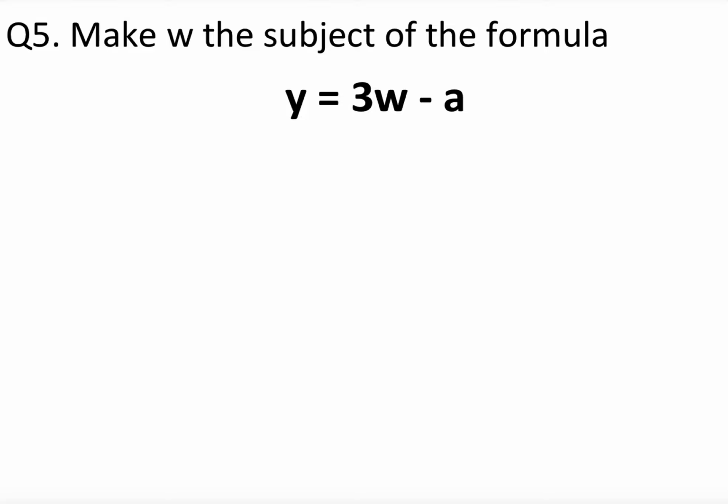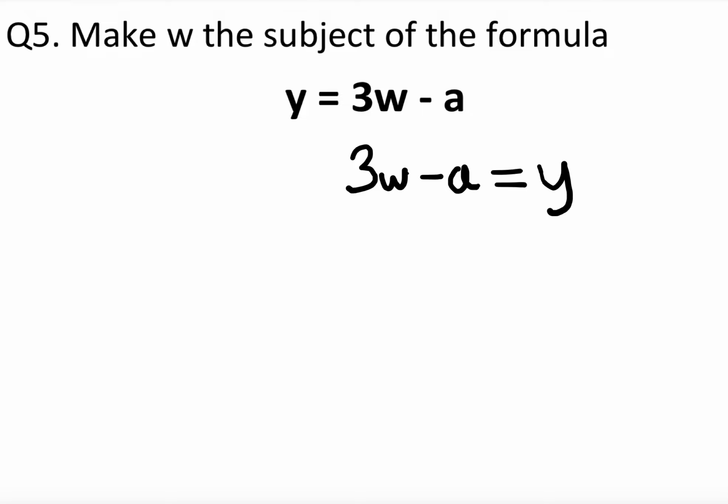It's a bit of algebra. So 3W minus A equals Y, that is the same. All I've done is move the equals and Y to the other end of the formula.